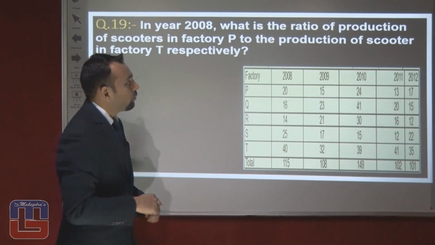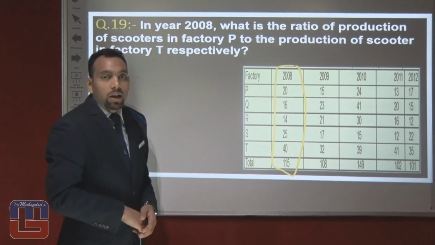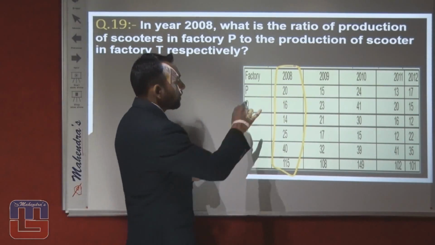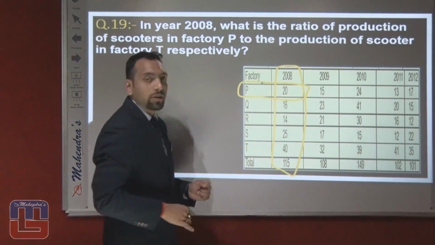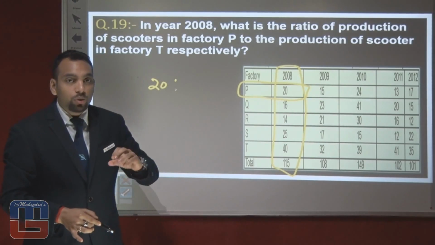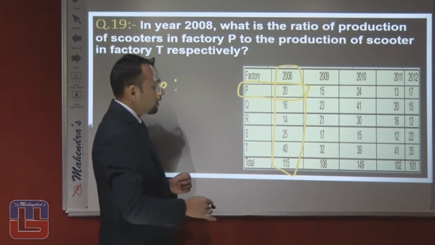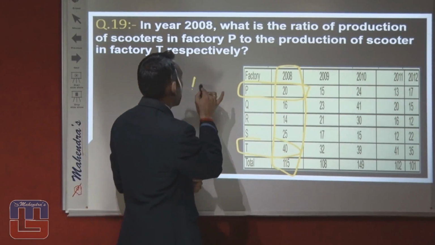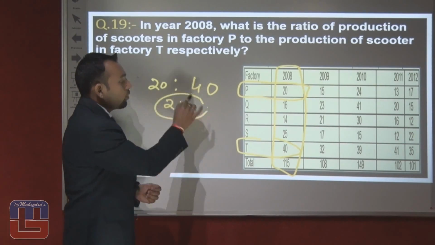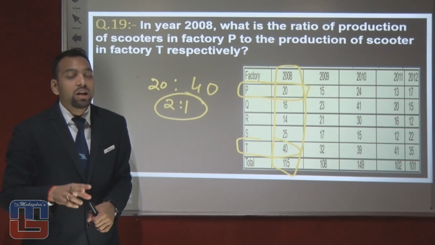In 2008, we are taking 2008, this one. What is the ratio of the scooter in factory P? This is P, and P is 20 to the production of a scooter in factory T. Where is T? Now this one is T. So here it is 40. So the ratio will be 2:1.